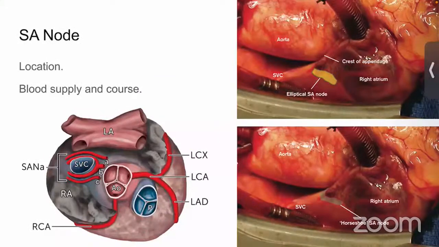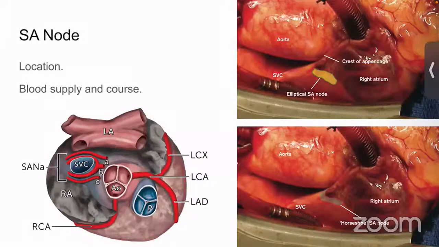Regarding the SA node, it is usually elliptical or horseshoe shaped, and it is a subepicardial structure. It lies just lateral to the junction of the superior vena cava and the roof of the right atrium at the superior end of the terminal groove. Usually it is branched from the RCA in 55% of patients, and from the left circumflex in 45% of patients.